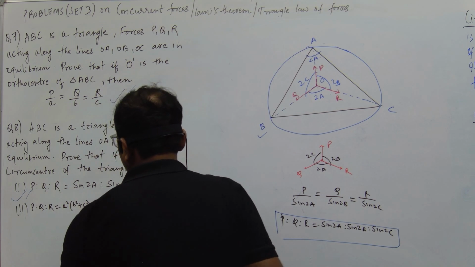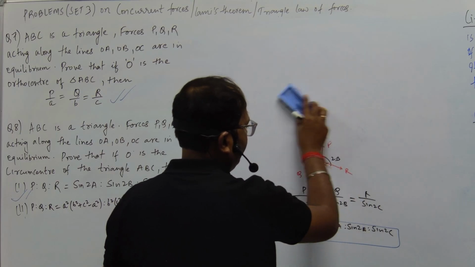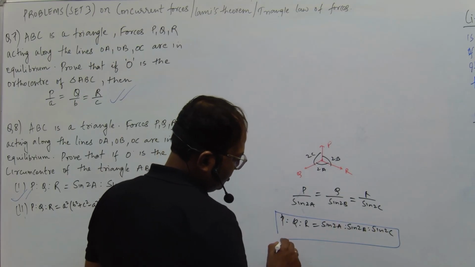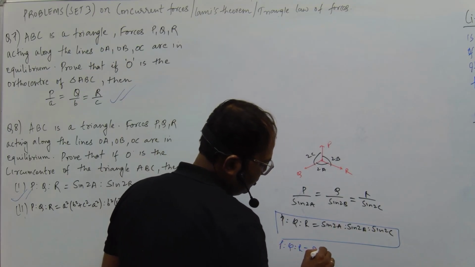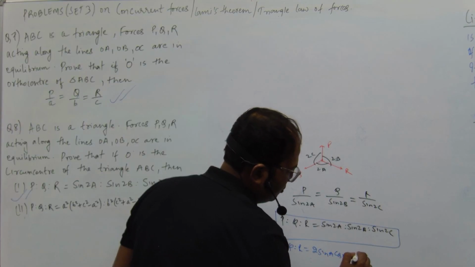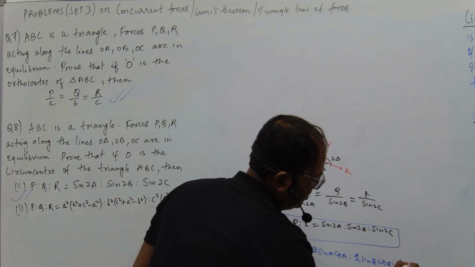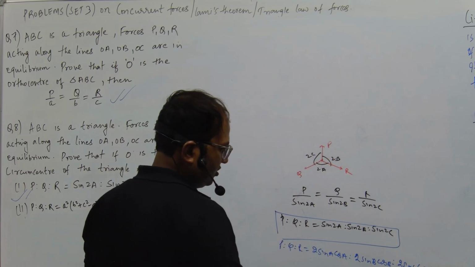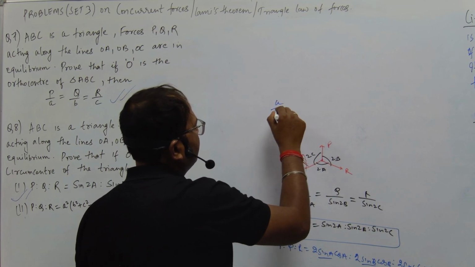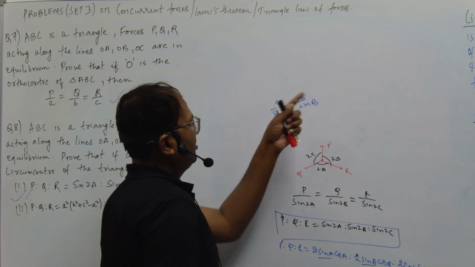Let us discuss part 2. Let us further expand this. P is to Q is to R is equal to 2 sin A cos A is to 2 sin B cos B is to 2 sin C cos C. Let us place the values of sin A, sin B and sin C. From the sine rule we have a upon sin A is equal to b upon sin B is equal to c upon sin C, where a, b, c are the sides of the triangle.